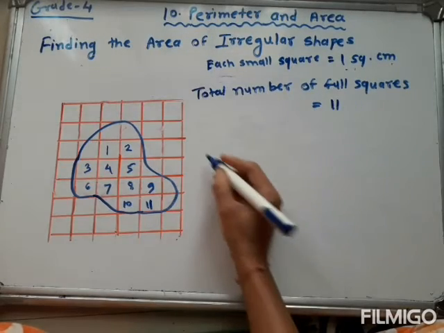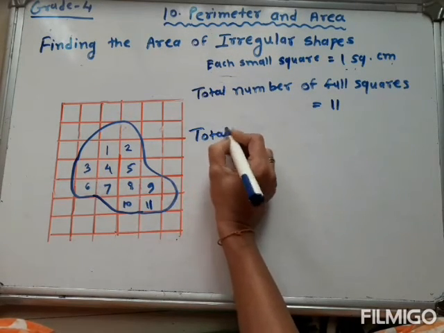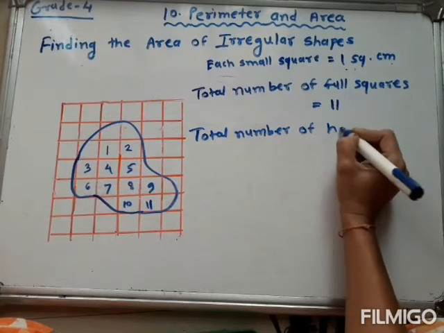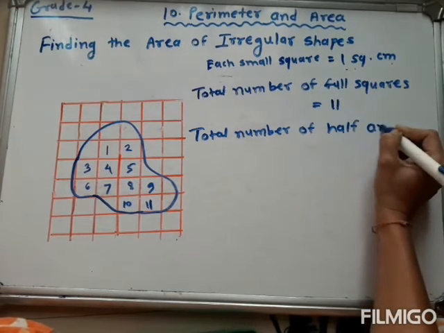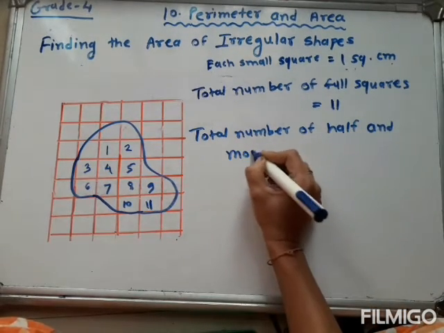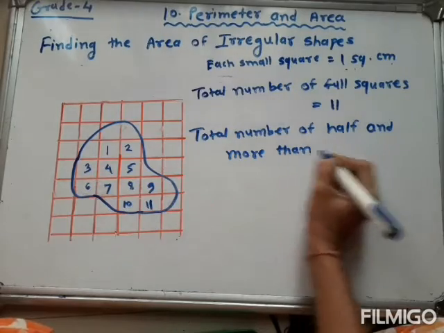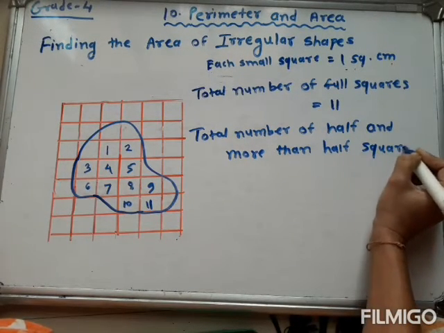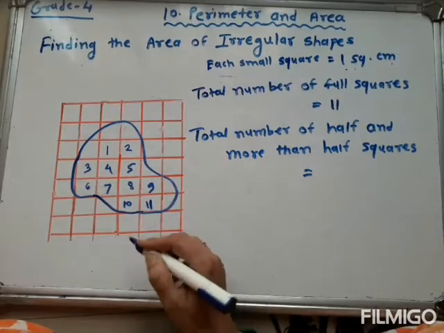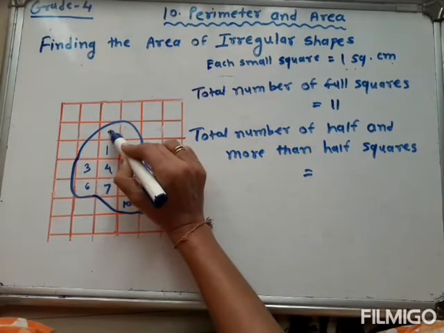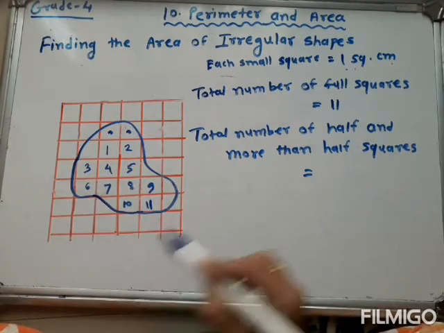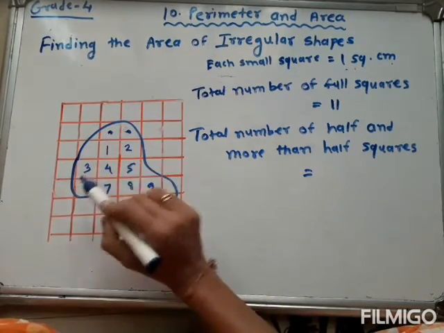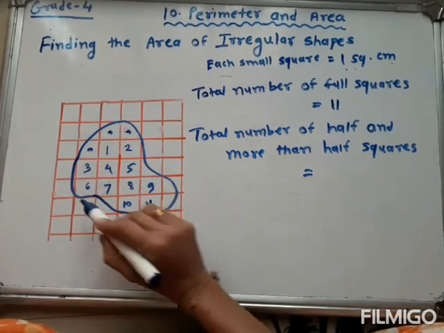Now the second step is the total number of half and more than half squares. How many? Again count. See, this is 1, 2. This is more than half. See here, more than half: 1, 2, 3.